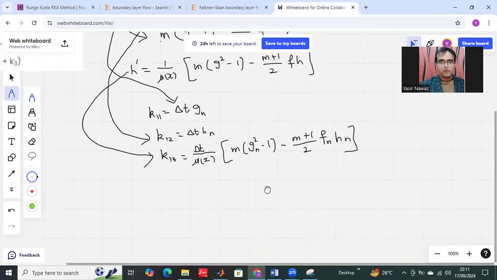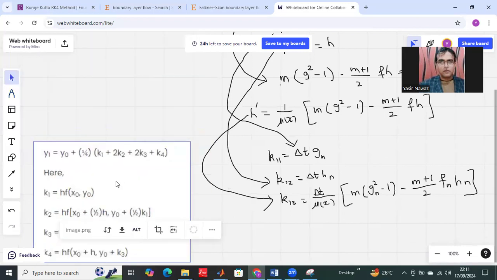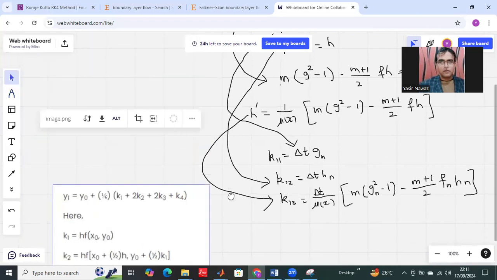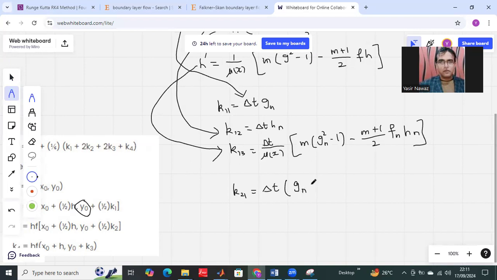Now I will write the second stage. I will apply the second stage of Runge-Kutta fourth order with these three equations. For the second, it will be at yn plus half of the previous stage. So I will call it K21. K21 will be delta T times Gn plus half K1.